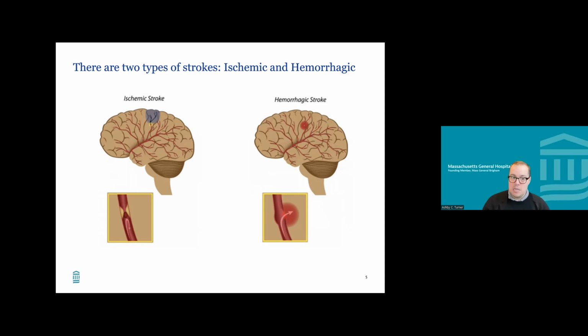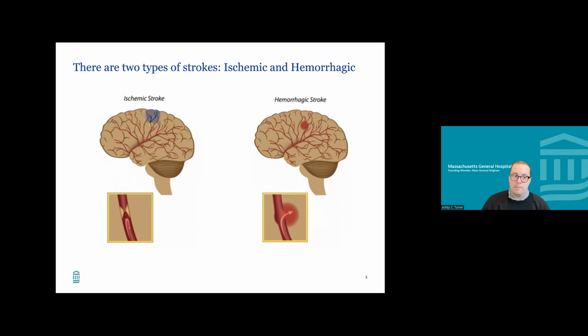That's really the key testing that needs to be done to distinguish which type of stroke it is, because we manage each of them quite differently, as you would probably imagine.